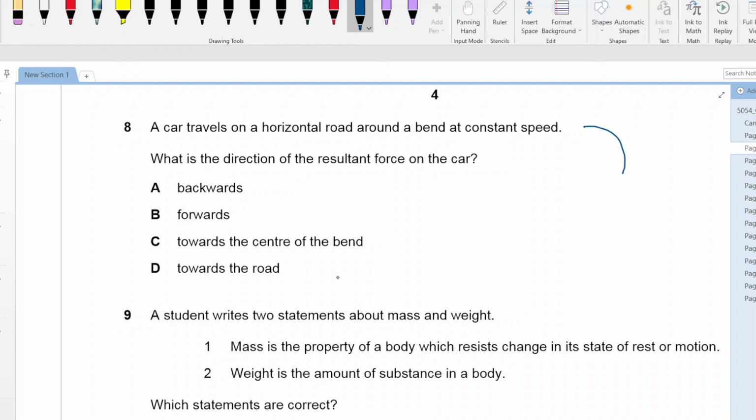Centripetal force acts on the car, and this is the resultant force, and it acts toward the center of the bend, right? C.